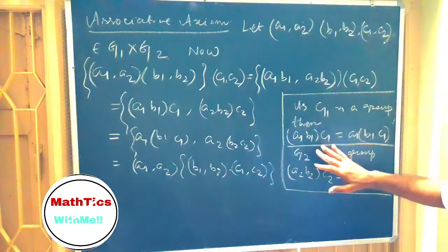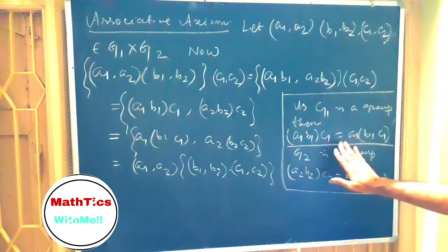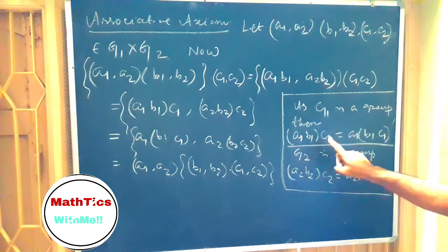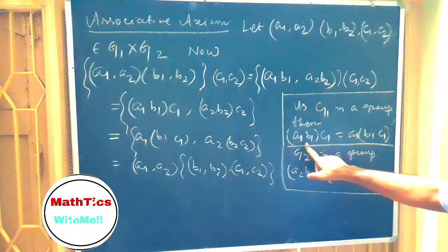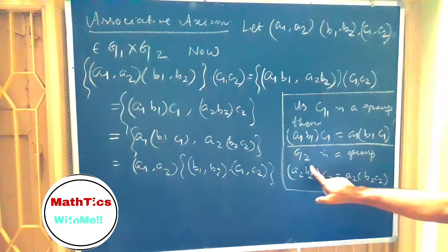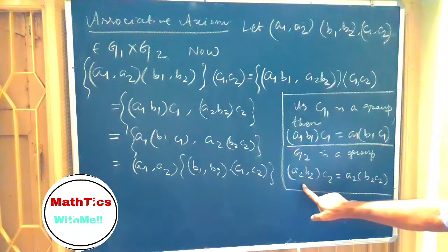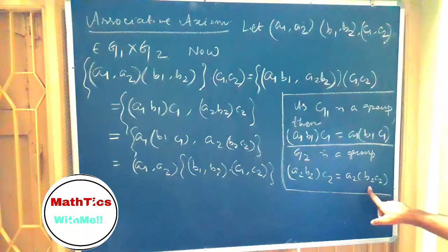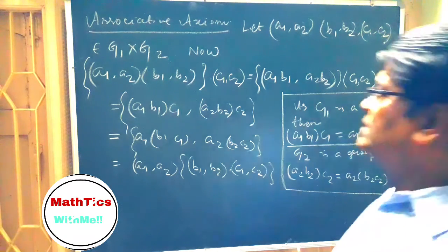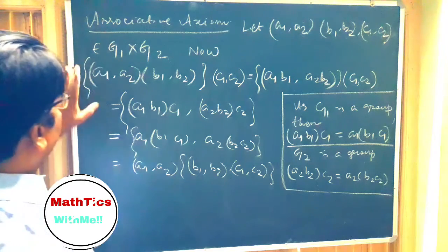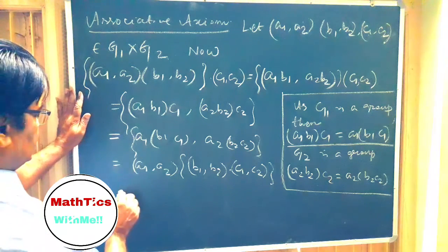Here G1 is a group, and the associative axiom is satisfied by the elements of G1; a1, b1, c1 are elements of G1. Therefore a1 b1 multiplied with c1 is equal to a1 into b1 c1. Similarly, G2 is a group, so a2 b2 multiplied with c2 gives a2 into b2 c2. So the associative property is satisfied.